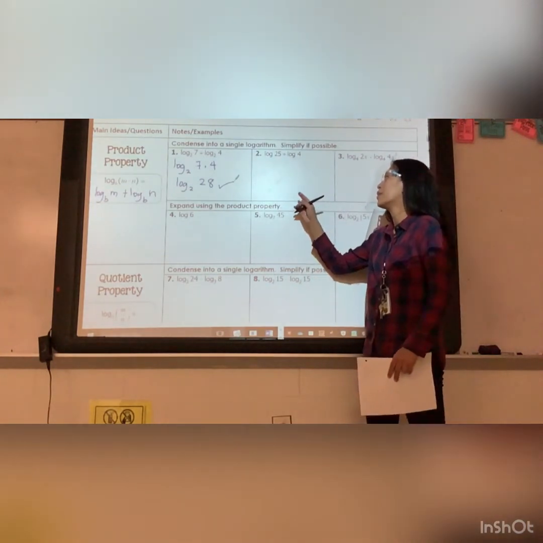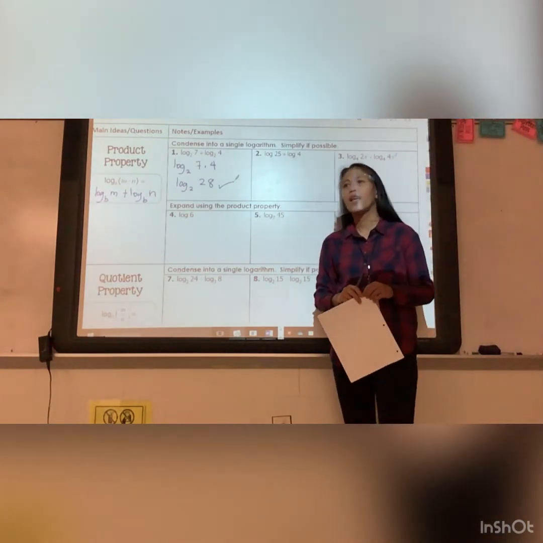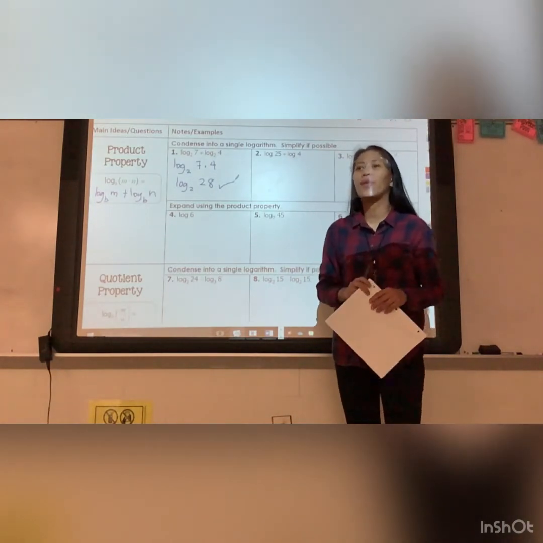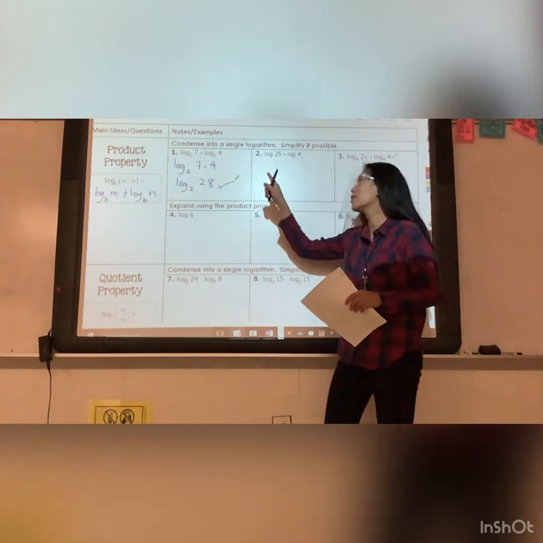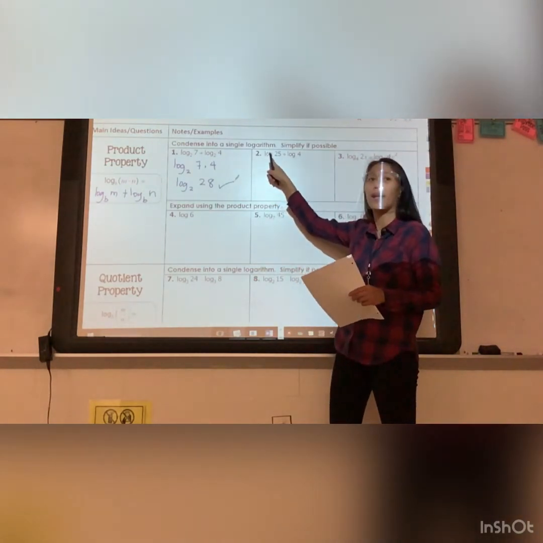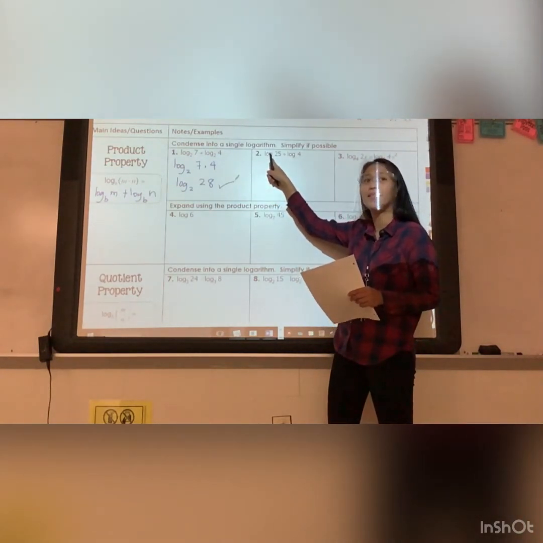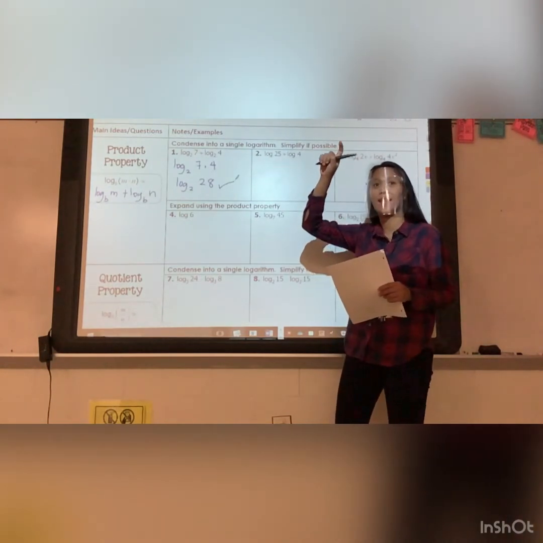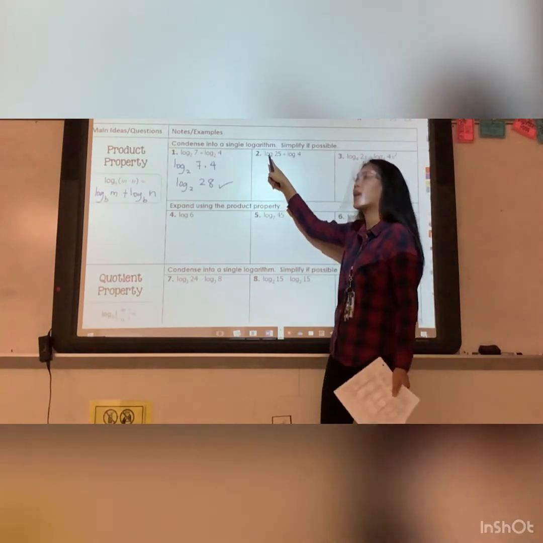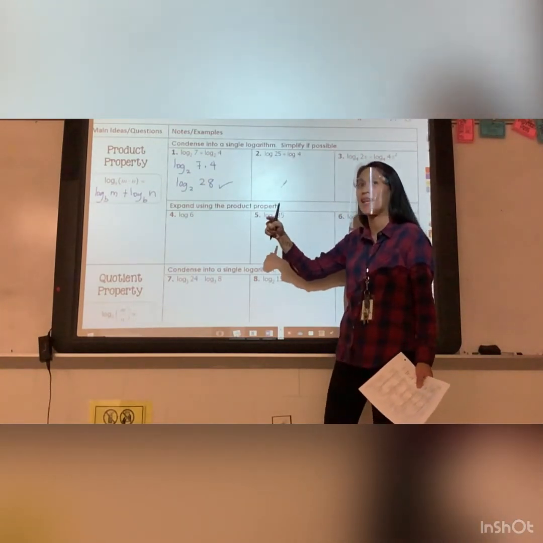Let's have number 2. If there is no written base, what is your base? Is it 1 or 10? 10. It is 10. Again, if there is no base written here, it is automatically 10.